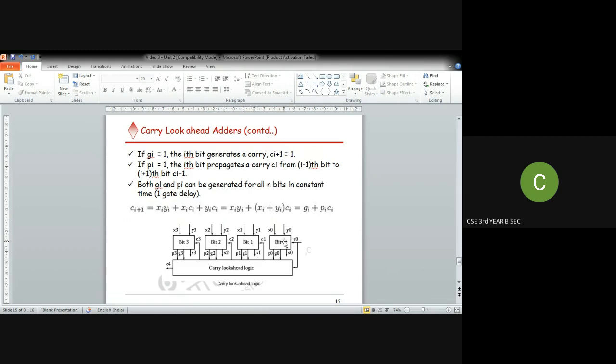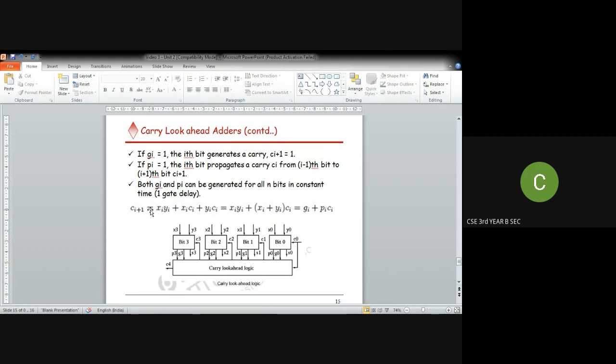Here we are generating three values: p0, g0, s0. Here s0 is the sum value, and p0 and g0 are intermediate values. By using p0 and g0, we are going to calculate the value of C1.